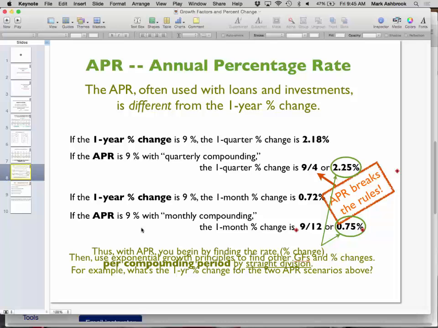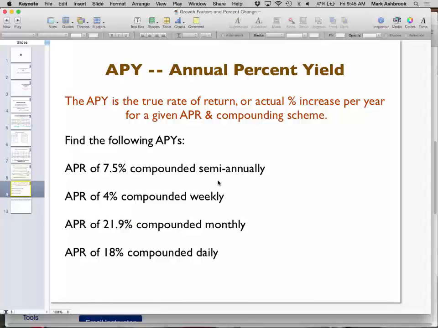Okay, so I'll put you to work on these while I take attendance. So that number, the true rate of return, is called the APY. So APR is this number that you start by dividing based on compounding. And then when you work back to figure the real true percent change, that's called the APY.